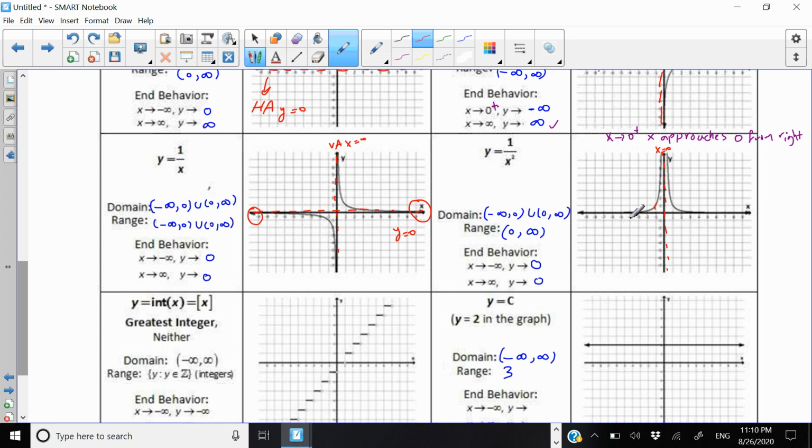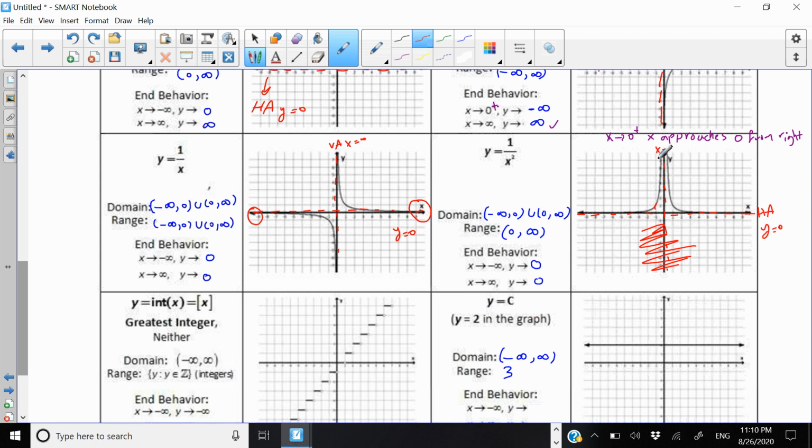How about the range? I move from bottom to top. There is nothing covered here. So negative y's are not included in my range. Where does it start from? It starts from 0. But at 0, again, I have an asymptote. That means the graph is getting close to 0. This is a horizontal asymptote of y equal to 0.